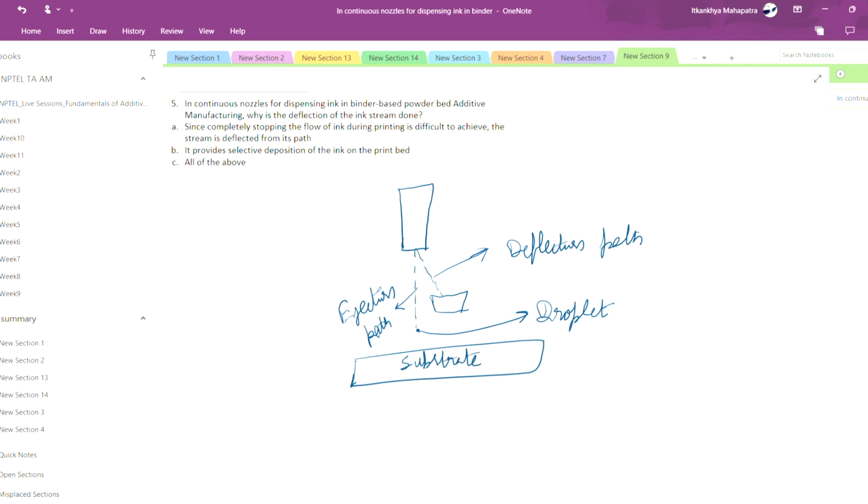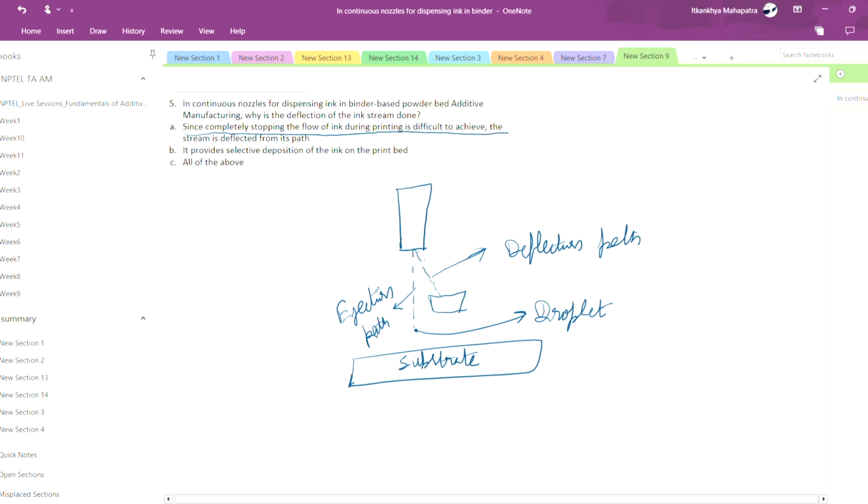Now, this deflection is carried out by applying an electric field. This is done because completely stopping the flow is difficult to achieve. So that is why the stream is deflected from its path, and it also provides selective deposition of the ink on the print bed.